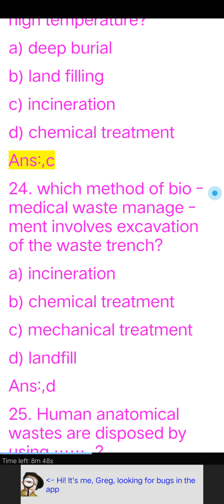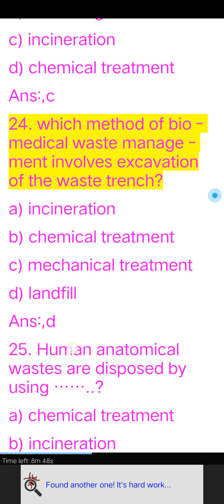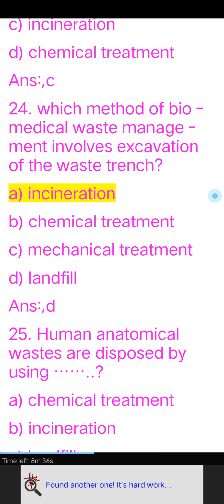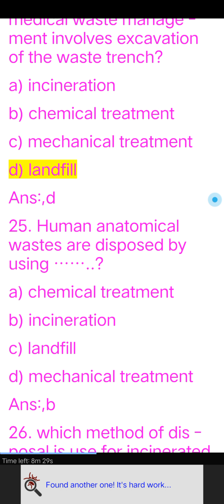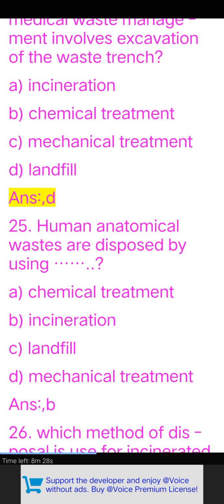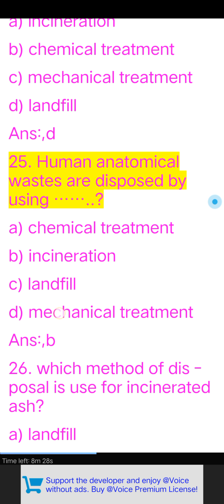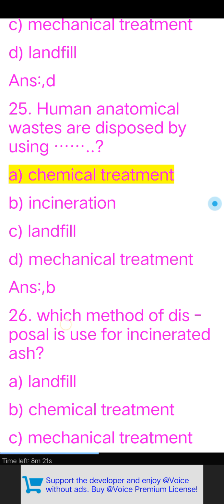24. Which method of biomedical waste management involves excavation of the waste trench? A. Incineration. B. Chemical treatment. C. Mechanical treatment. D. Landfill. Answer. D. 25. Human anatomical wastes are disposed by using A. Chemical treatment.